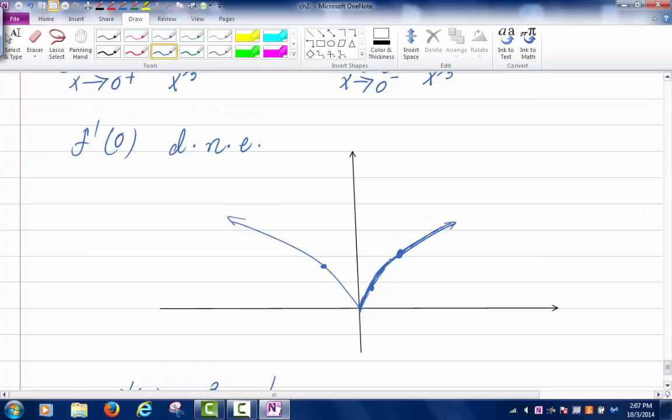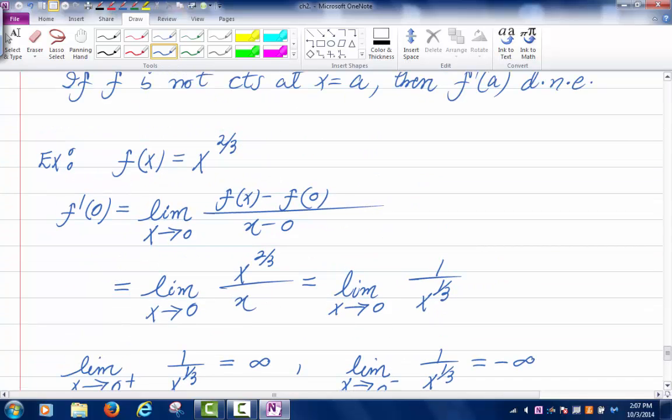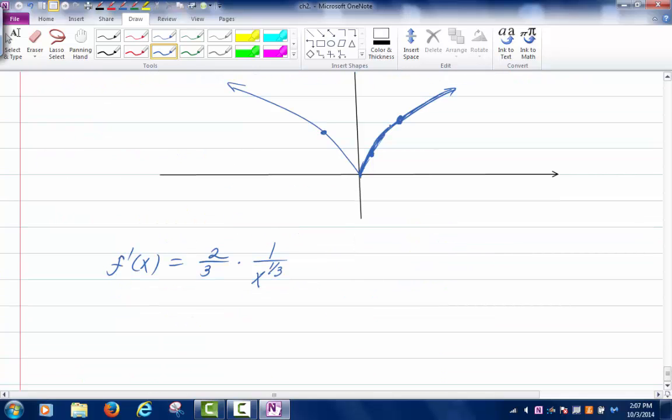Notice that the derivative is negative when x is negative and positive when x is positive.